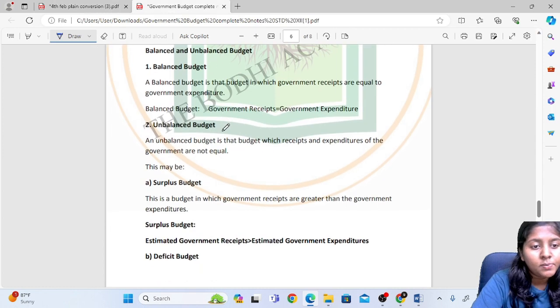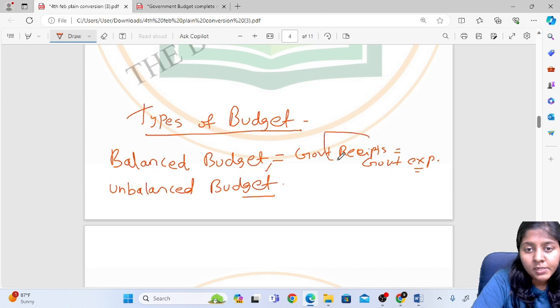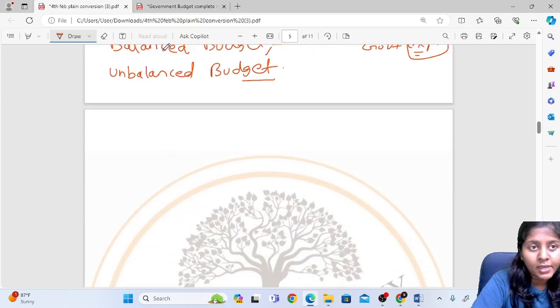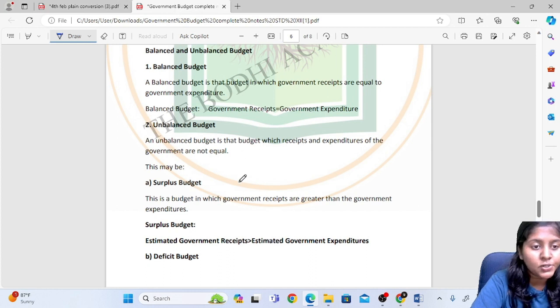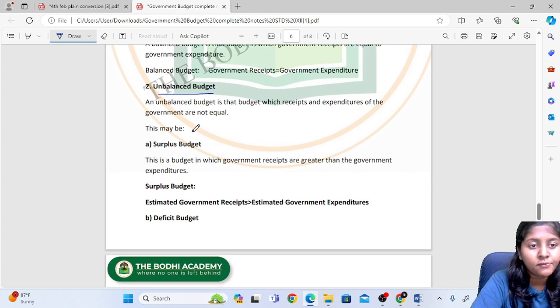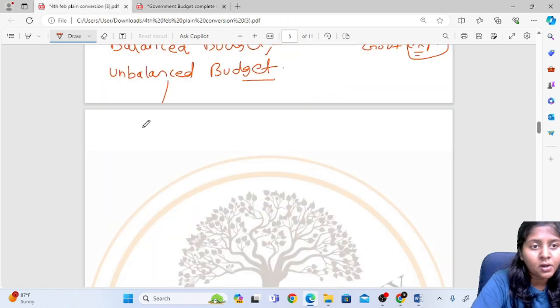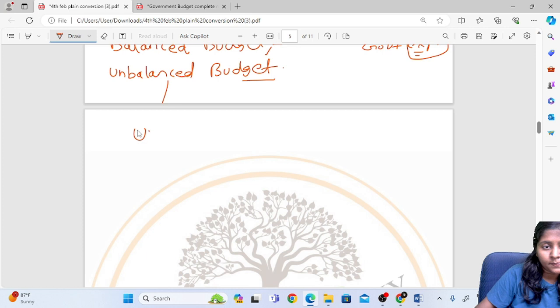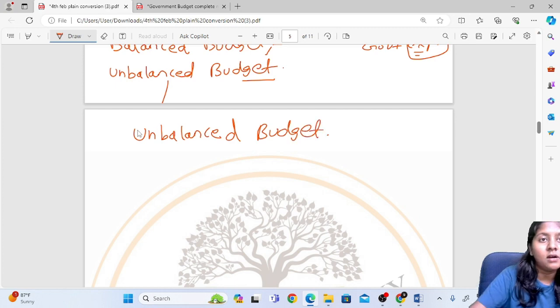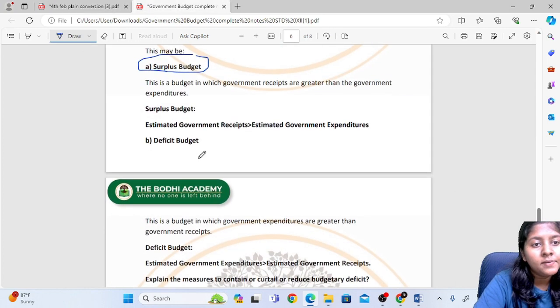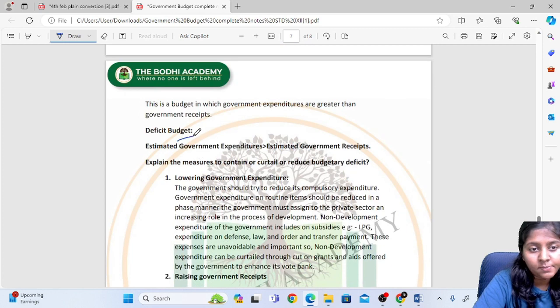An unbalanced budget is that budget wherein government receipts and government expenditure are not equal. There are different terms which come under this unbalanced budget. The first one is surplus budget. What do we mean by surplus budget? Under unbalanced budget there come surplus and deficit budget.